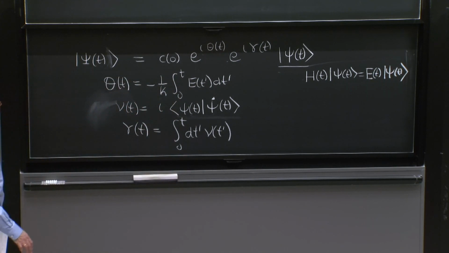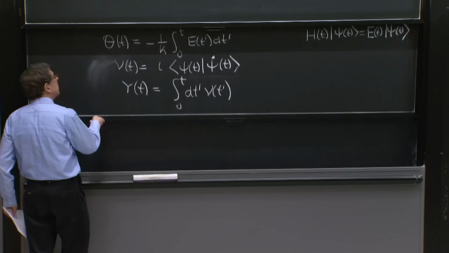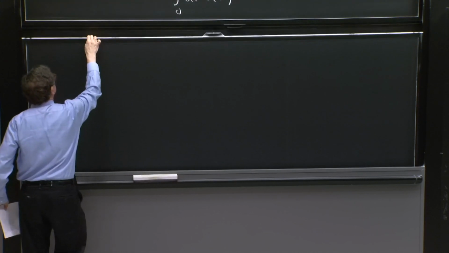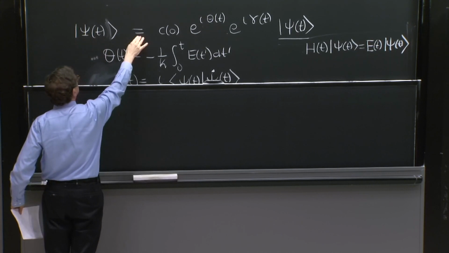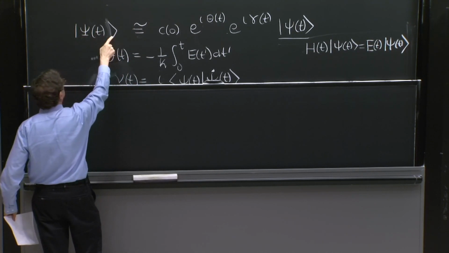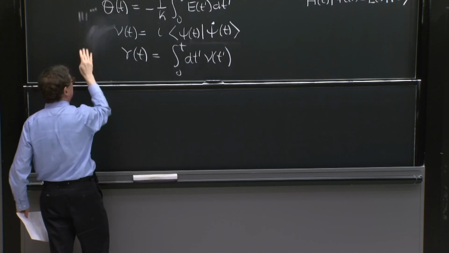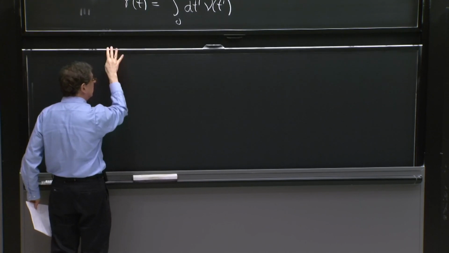Okay, so let's make this a little more explicit in the sense of an adiabatic theorem. I'll also put here that this is not an exact solution, so I would say the wave function at time t is roughly given by that quantity. It's not exact, because it's not an exact solution of the Schrödinger equation.